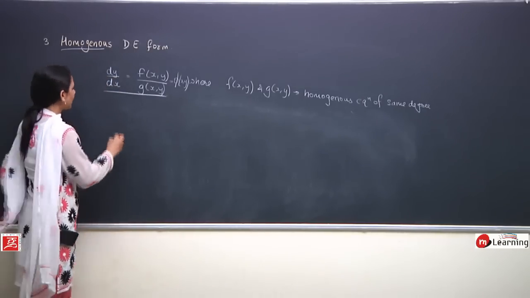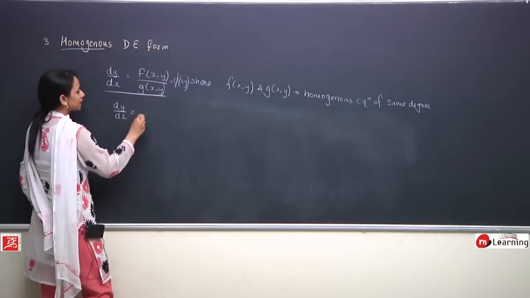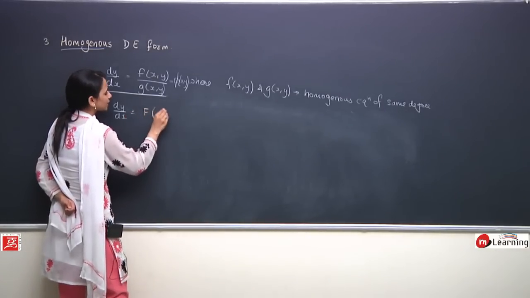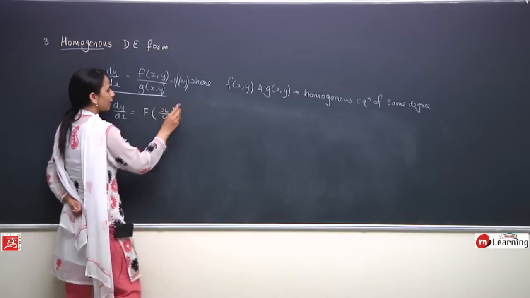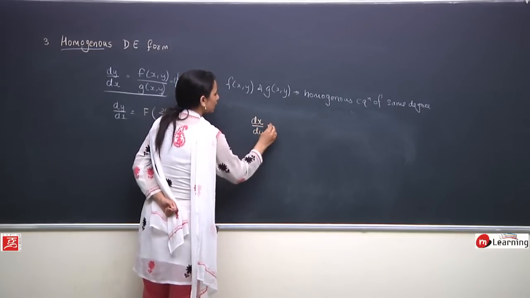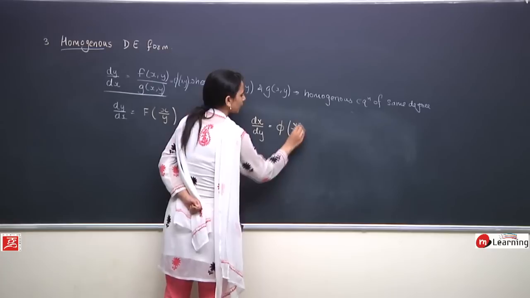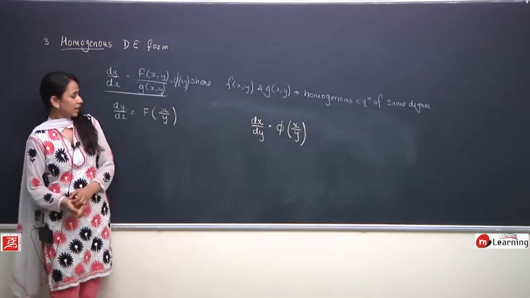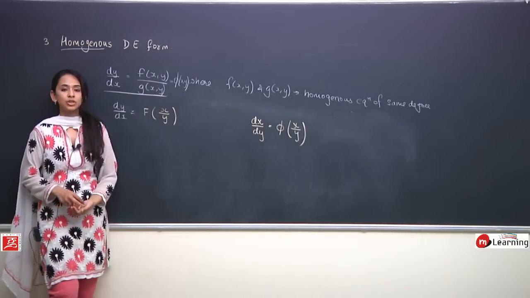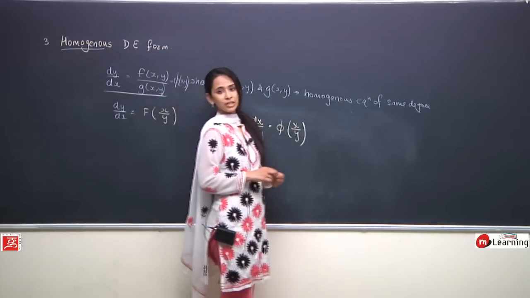So from here I can write that my dy by dx is a function of y upon x, or I can write that my dx by dy is a function of x upon y. It is the same way to say both things. या तो हम कहें that dy by dx is a function of y by x or dx by dy is a function of x by y. Now what is the standard way to solve such kind of differential equations?